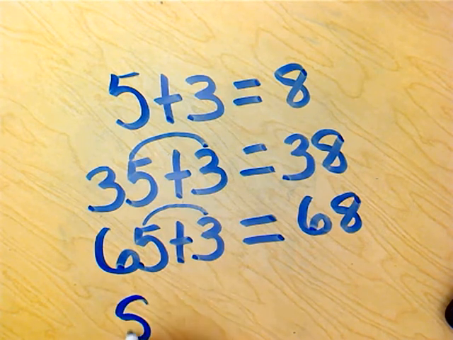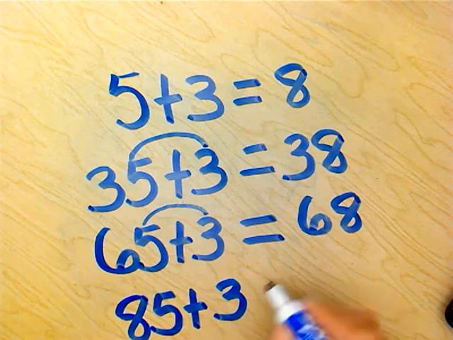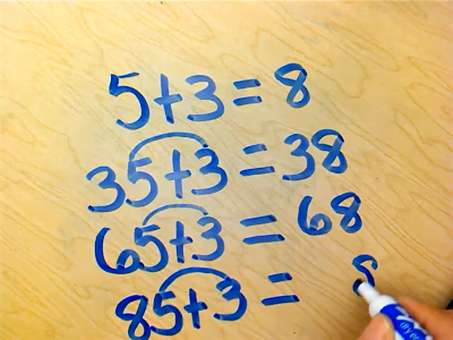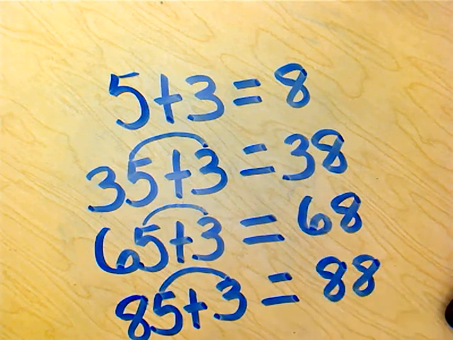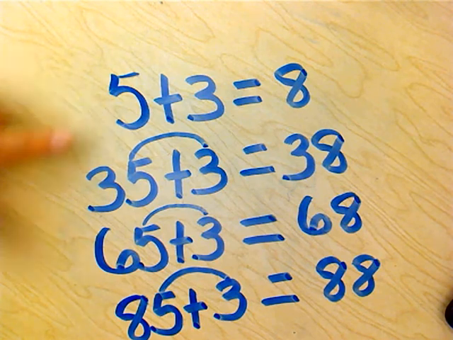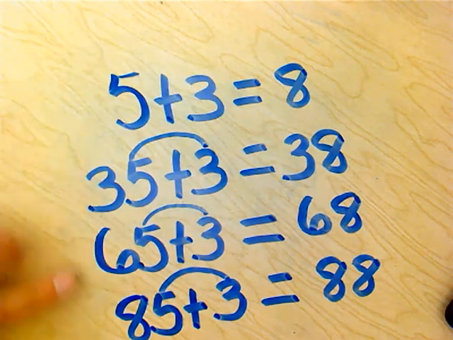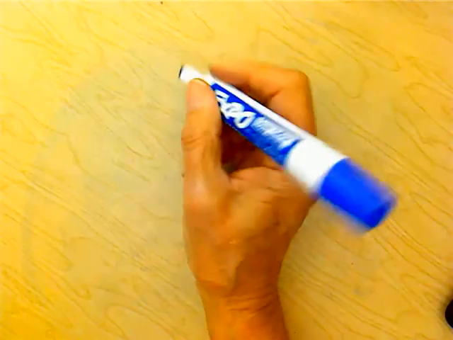Let's try that with 85, shall we? 85 plus 3, well, I know that 5 and 3 are 8, and I have 8 10s, so I get 88. Do you see how I can use this basic fact to help me with double digit and single digit addition? Even if it gets into really big numbers, can I still be successful? I think you can.